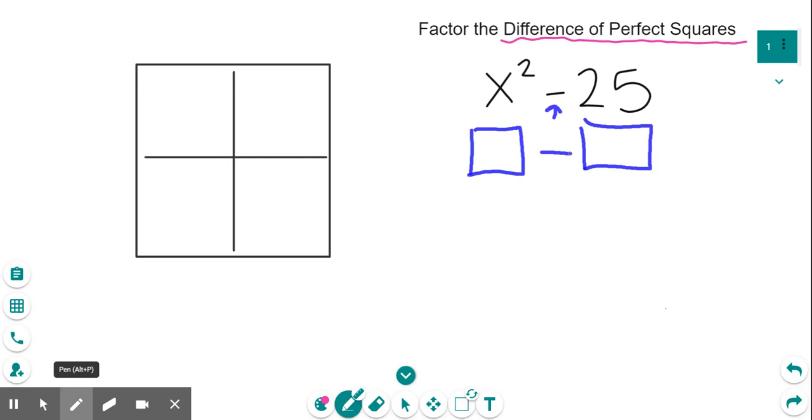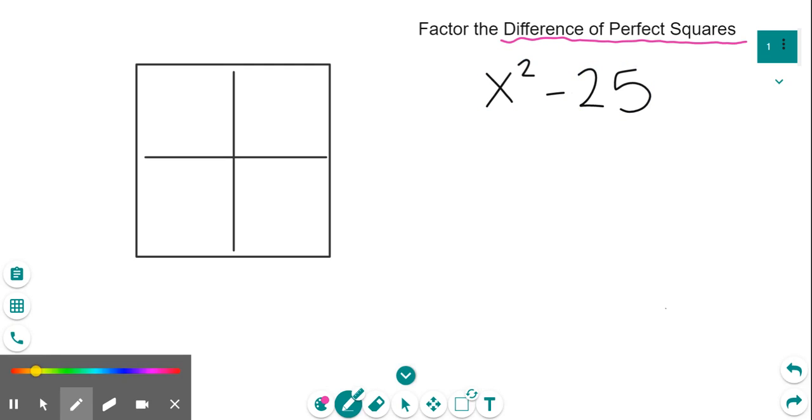In other words, there are two perfect squares and there is a minus sign between them. That is what a difference of perfect squares is. Once again, it is two perfect squares with a minus sign in between them. Or you could say it's a subtraction of two perfect squares.